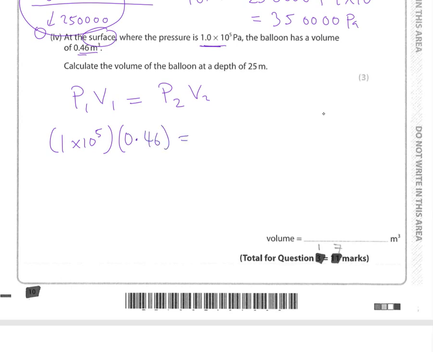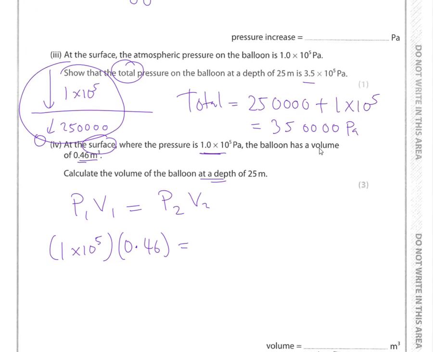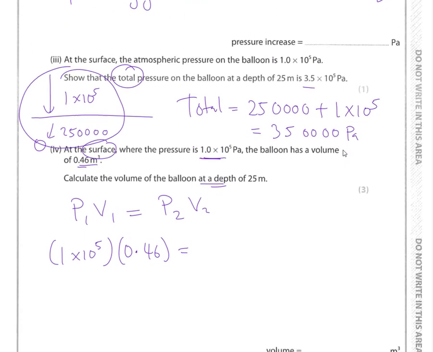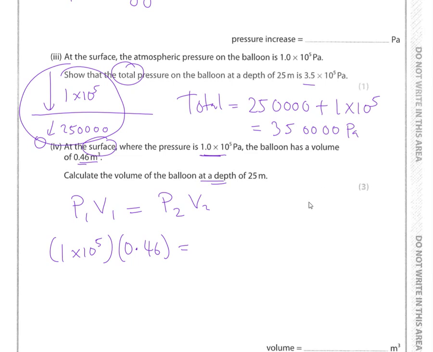Equal to the pressure at the depth. So we already worked this out, didn't we? It is the pressure at the depth. Now the pressure at the depth of this, so the total pressure, we need to work out.